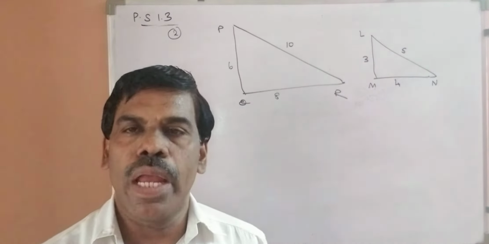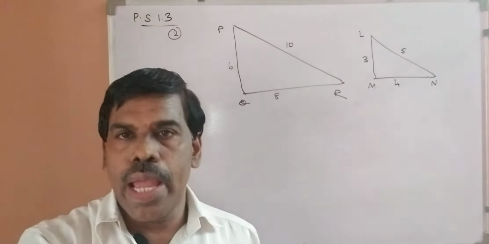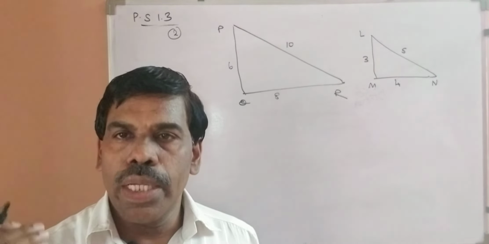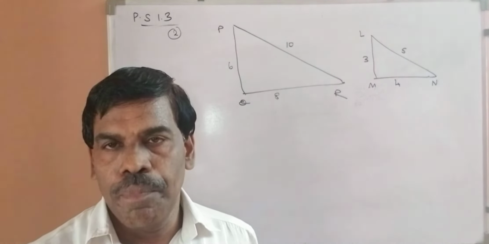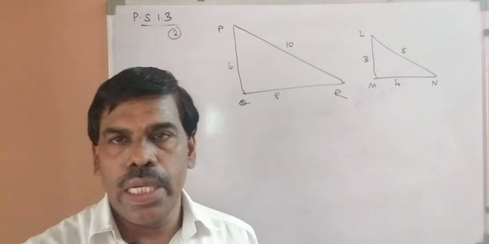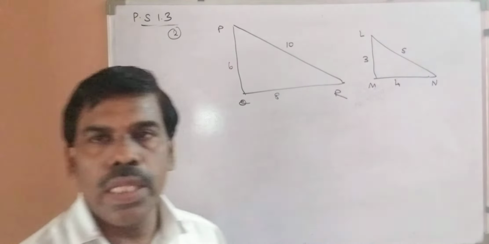SSS test of similarity means what? The corresponding three sides of one triangle should be in proportion to the corresponding sides of the second triangle. If the proportions are the same, then we can say these two triangles are similar. So first we will see the proportion.